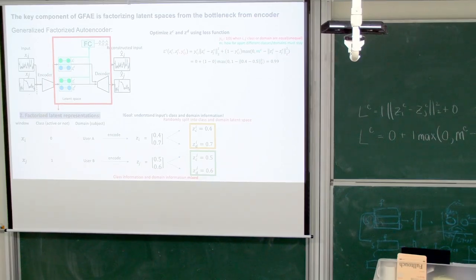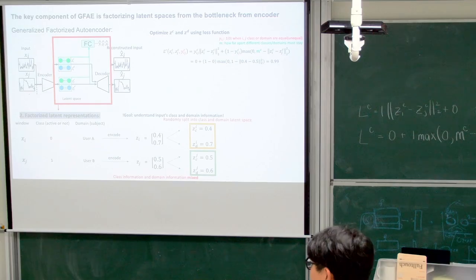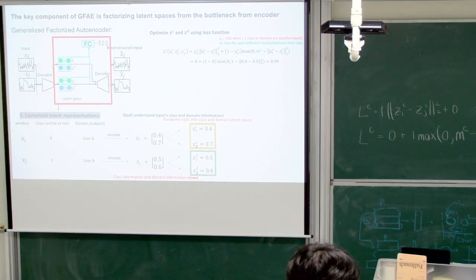So when they are different, when does this loss become smaller? When they're far away. So when the difference between Gi and Gj becomes larger and larger, it should be larger than MC. But MC is the maximum value, so when Gi and Gj differ, then that LC becomes smaller, right? Why? When they are different, which points are different in the latent space?